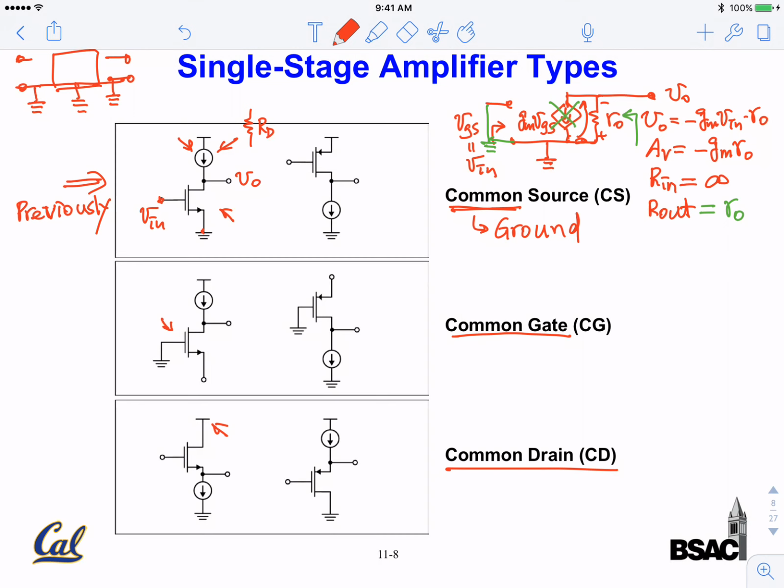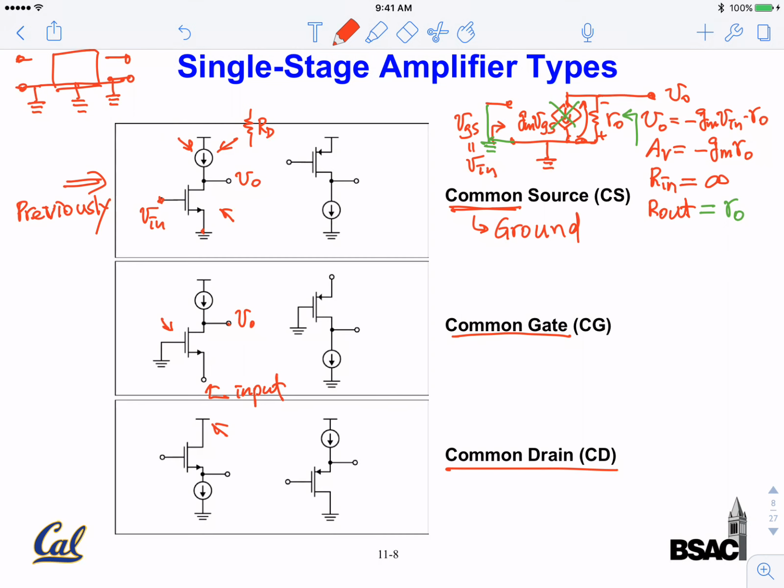Common gate is a little bit weird. Normally we think of the gate as an input, but here the gate is grounded. And where do we apply the input? We apply the input to the source. So this is where we apply the input. Where do we take the output? Here is the output. Kind of a weird configuration.